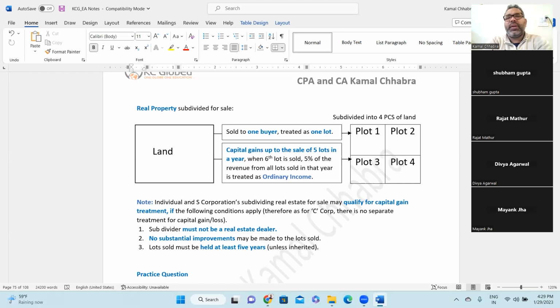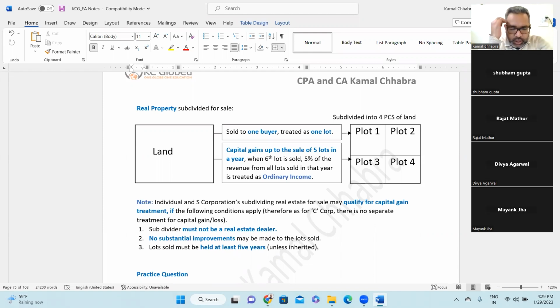In that scenario, it can still be considered as a capital asset. But if you cut the piece of land into 100 plots and now you're selling to 100 individuals, then this is your business income. Now you are doing real estate business. So it should be considered as ordinary business income, not capital gain. Make sense? So far, so good?